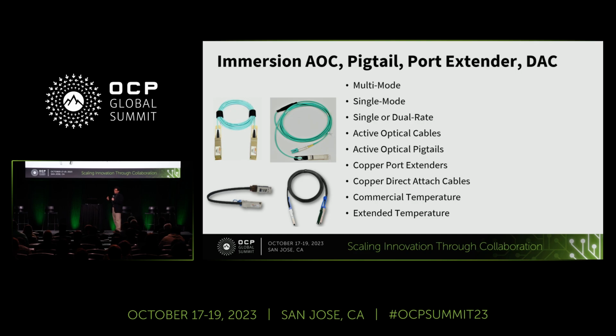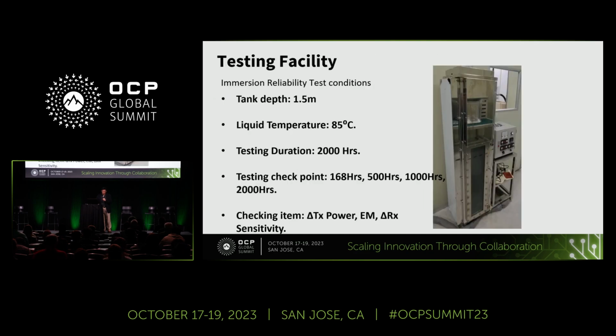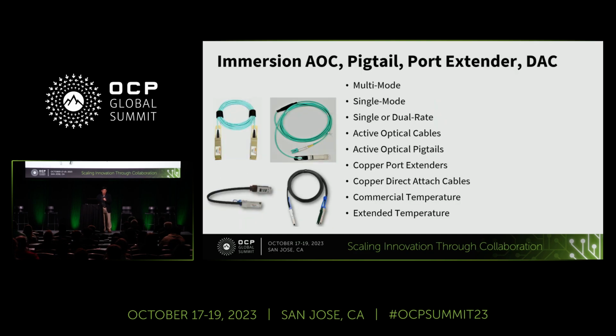And then copper cabling as well, because there remains a strong need for copper, right? And also, there are certain applications where we see the immersion system being deployed into harsher environments, so not just the standard 0 to 70, but maybe beyond the 0 to 70.